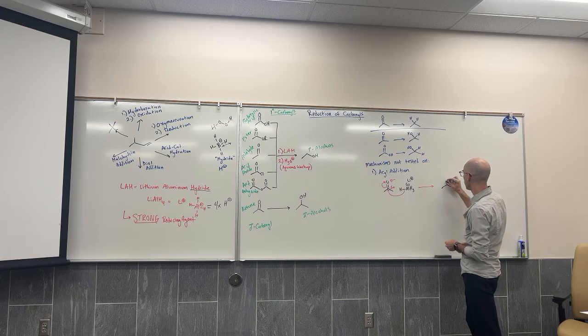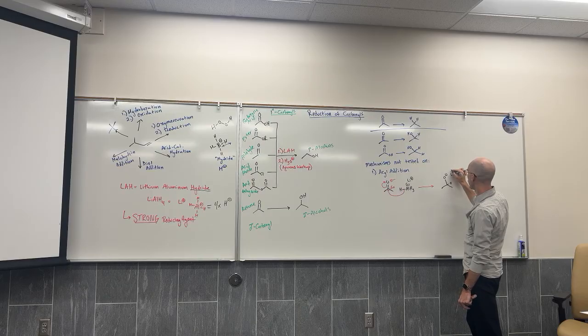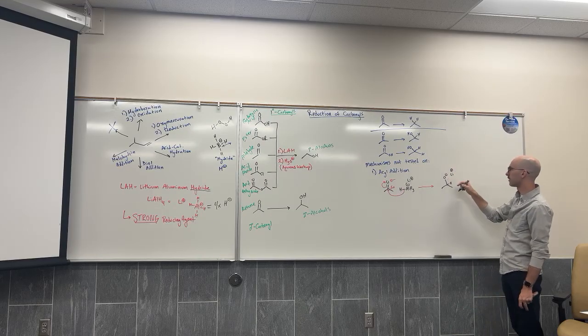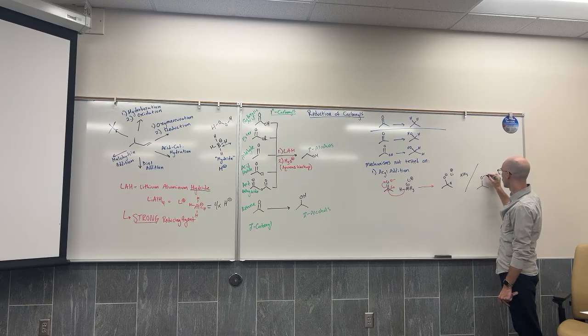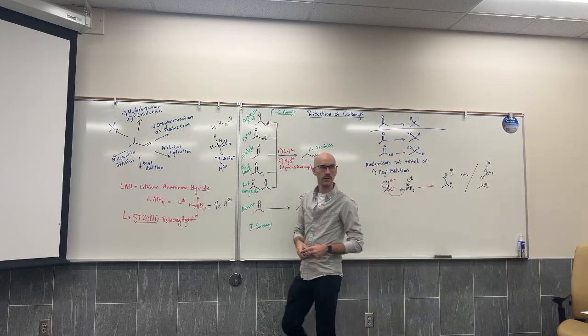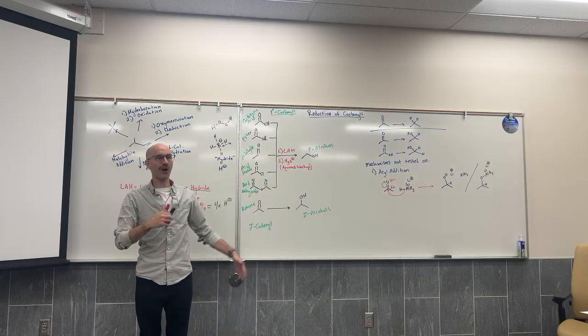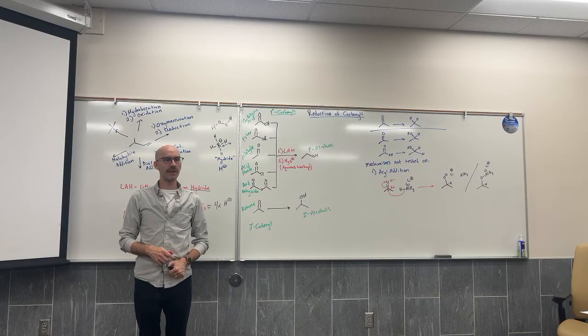Some different ways that you might see this presented is oxygen is balanced by lithium. Some people will actually show that the oxygen complexes with aluminum. But either way, we made our alcohol, right? We now have a secondary alcohol and we're all good to go.